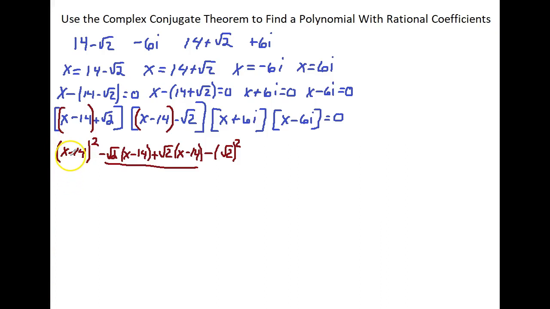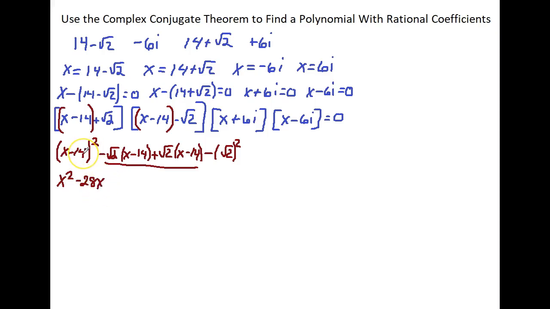You can either write this out twice and multiply it using your FOIL method. I am going to use the shortcut. You square the first term, so x squared. Multiply the two terms. x times negative 14 is minus 14x. Double it. We have minus 28x.